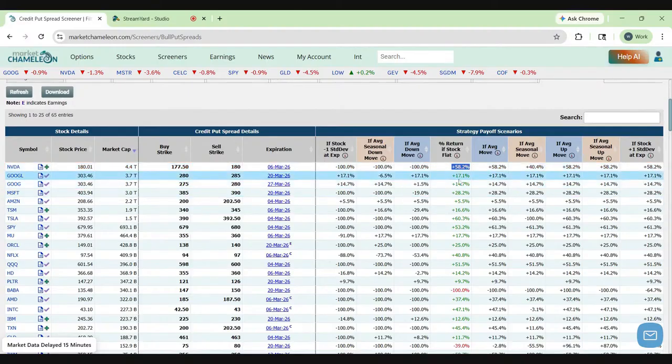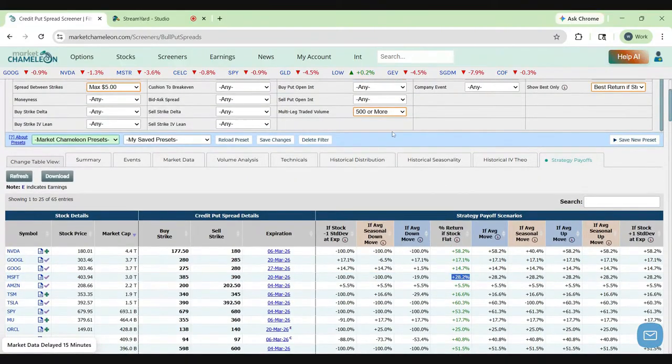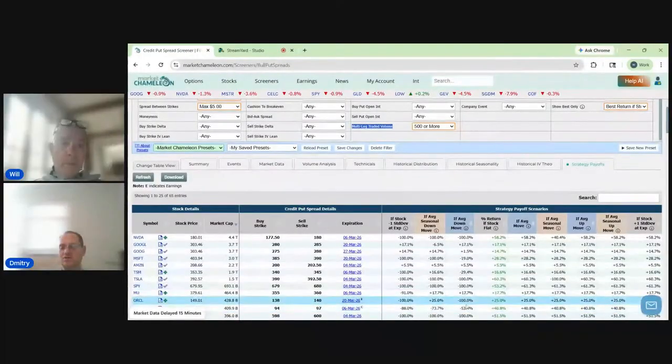In Google, this will yield 17%. In Microsoft, 28%. So that's another way to screen out opportunities if stock is flat. And I do have this filter in there where there had to be at least 500 or more contracts traded in that spread.